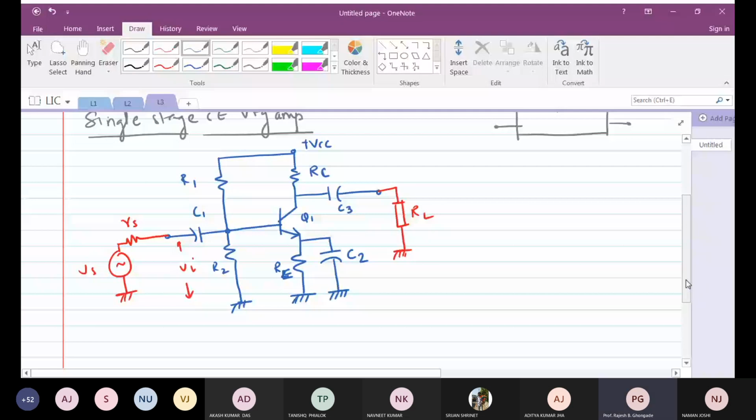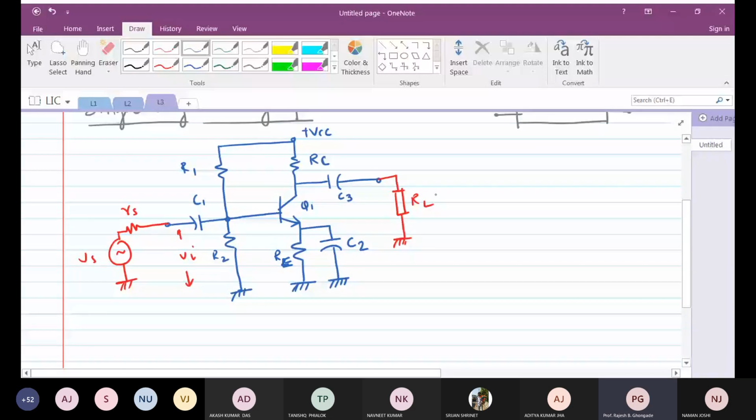Yes, sir. So what is the voltage gain of this circuit? Minus HFE into RC parallel RL divided by HIE.